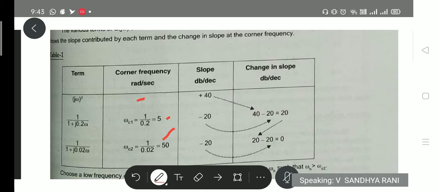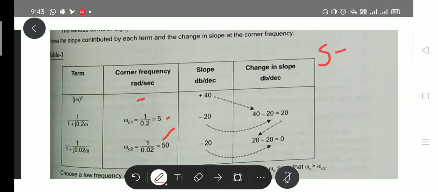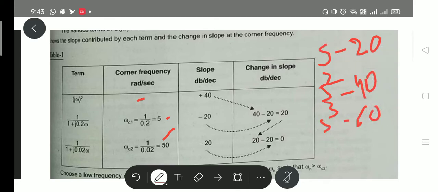How can you represent this slope? For the term s, you take 20 dB; s square, 40 dB; s cube, 60 dB. Like this it goes up. Here is the s square term, so what is the slope in dB? 40 dB per decade.